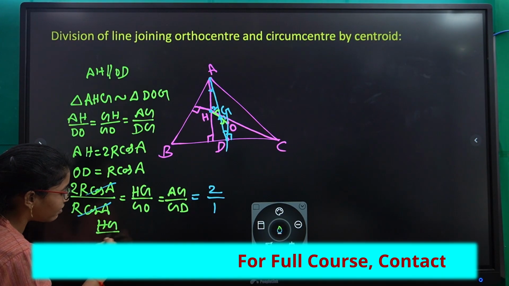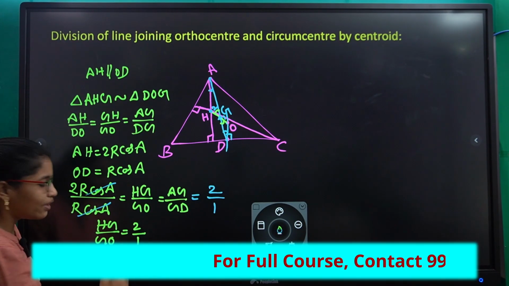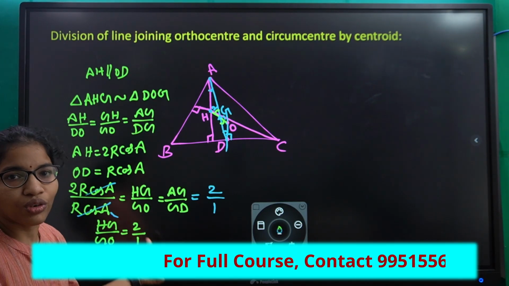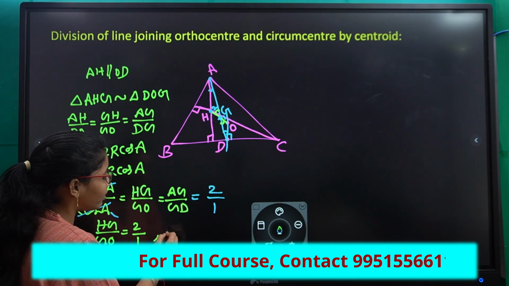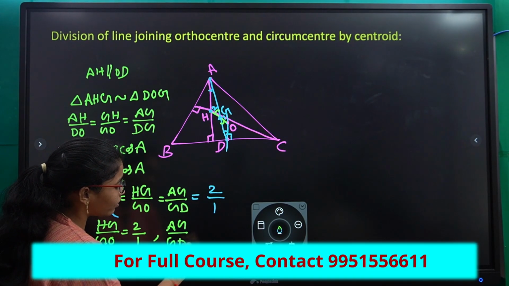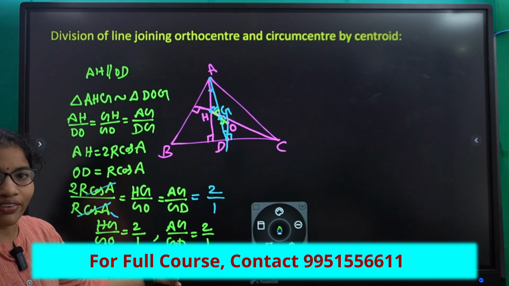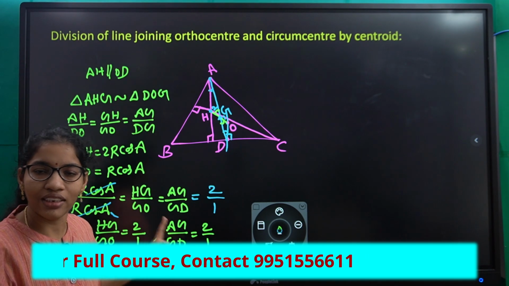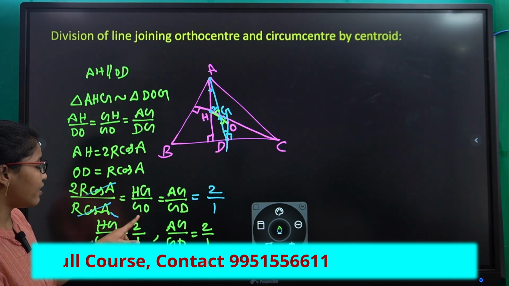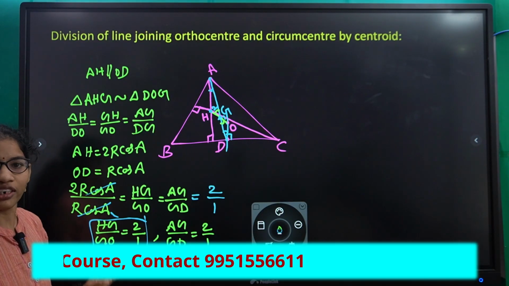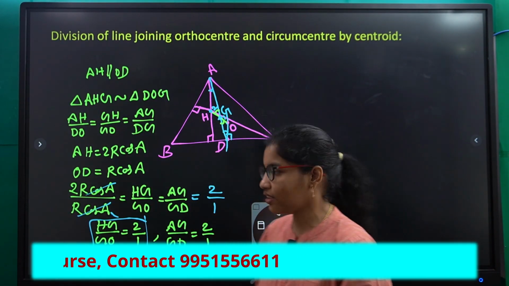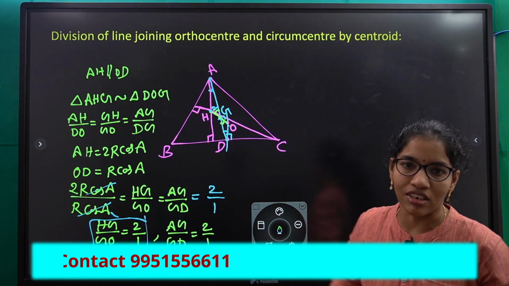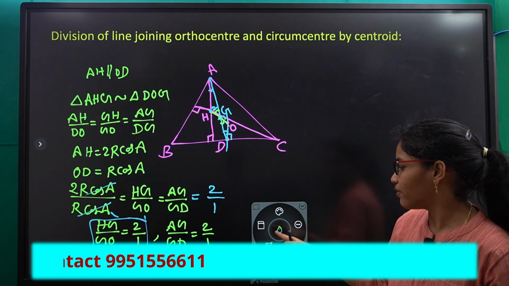So HG by ZO is 2:1, that means the centroid divides the orthocenter and the circumcenter in the ratio of 2:1, right? And one more relation we are getting here, AZ by ZD equals 2:1. The centroid divides the median AD in the ratio of 2:1. Clear how we are getting these two ratios? Yes. So this is the relation for the triangles except for the equilateral triangle. So here always the centroid divides the orthocenter and the circumcenter in the ratio of 2:1. Clear? Right.